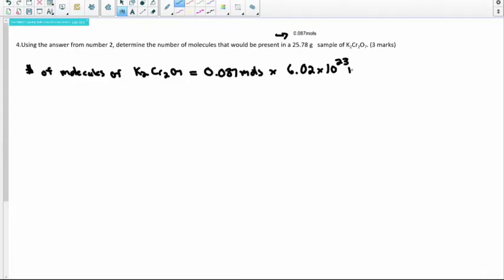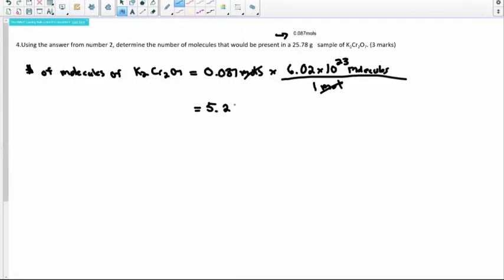This is going to be molecules in this case here, or particles, per 1 mole. And what's going to happen again is moles cancel out and you're left with molecules in terms of your final answer.